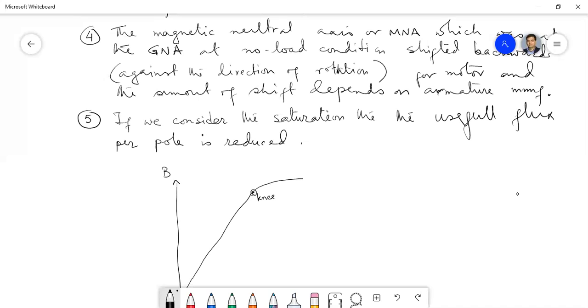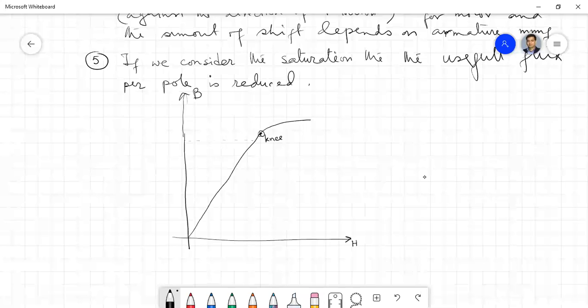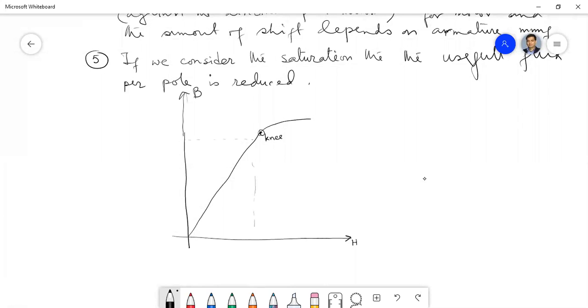Now if this is the knee point, let me draw it a little higher. Suppose the MMF change is the same, you have lost this much MMF and you have gained this much MMF, exactly the same, but the effect will not be the same, which you can see from this B. You see here the reduction is this much, but the gain from the same MMF will be only this much.